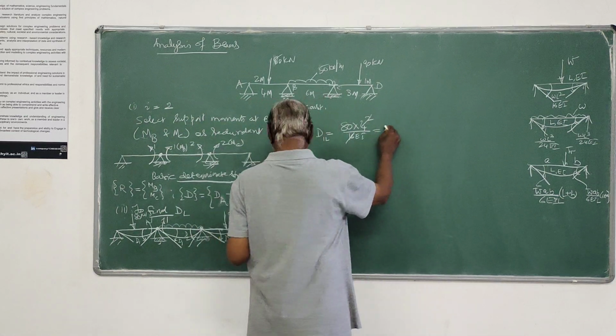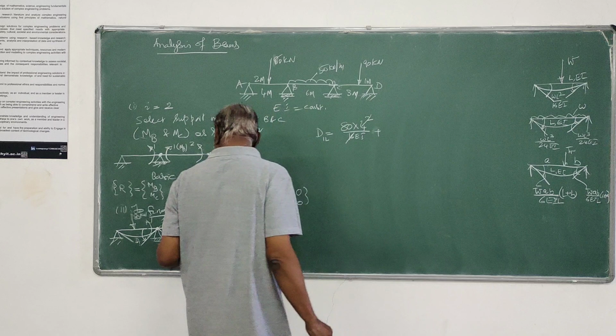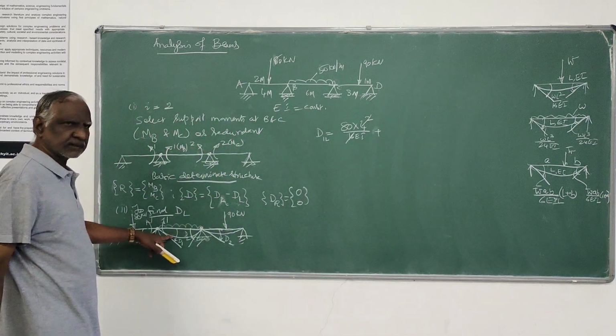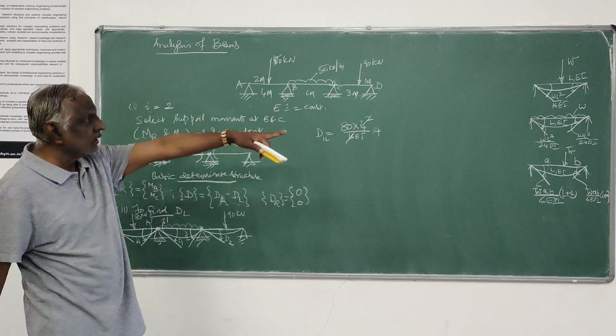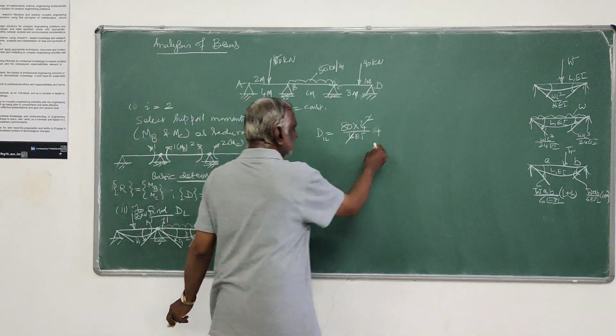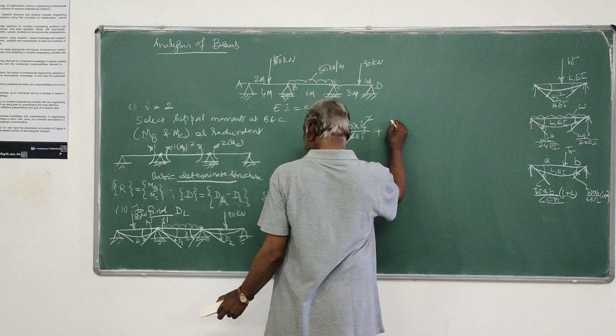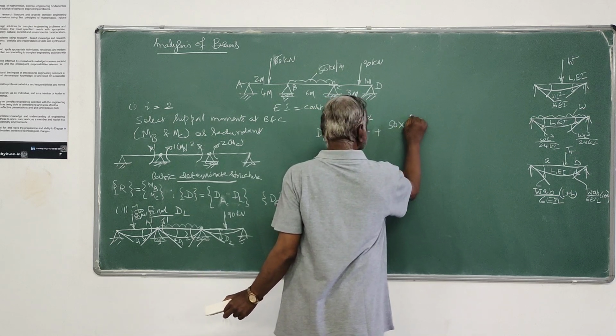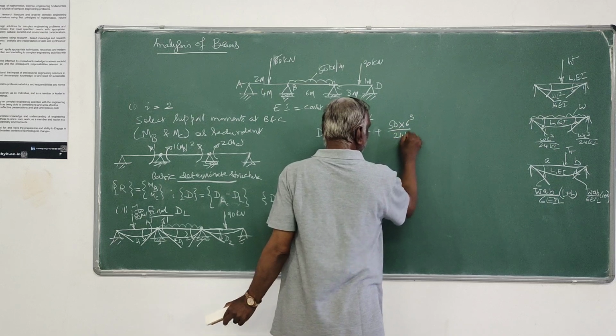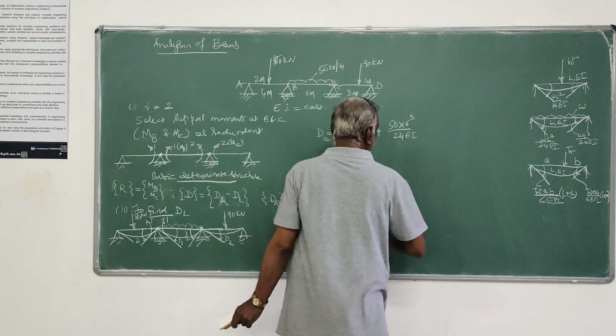So next class, this side is also given, this is UDL. Because of this, the slope will be WL cubed by 24 EI, that is 50 into 6 cube divided by 24 EI.